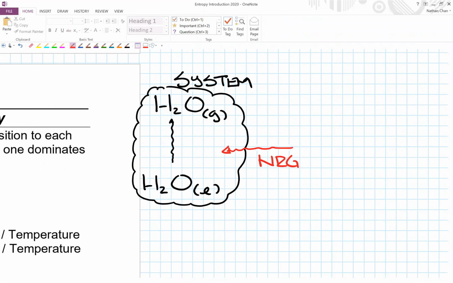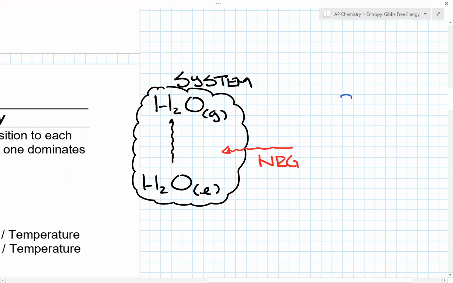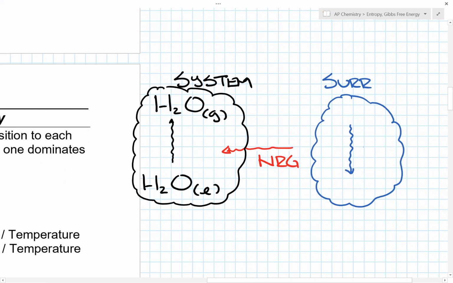But what happens to the surroundings? The energy comes from the surroundings. And so what happens is this: you get a decrease in energy. Okay? So yes, the water particles get more energy, therefore become more random. But where does that energy come from?